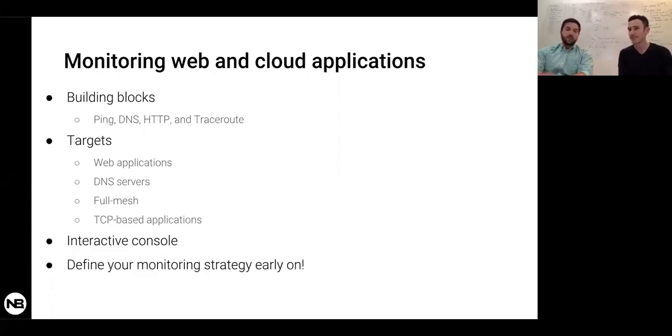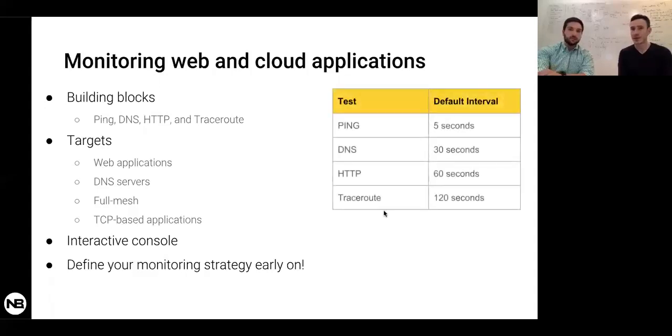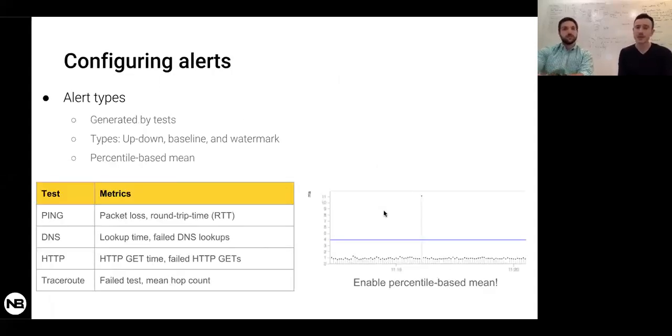Gotcha. Okay. So then, when you set all these tests up, how do you get notified? You get some sort of an alert, correct? Right, and that's where alerts come into play. Alerts are based on tests that you're running from your sensors against your applications. And you can generate alerts on any metrics.